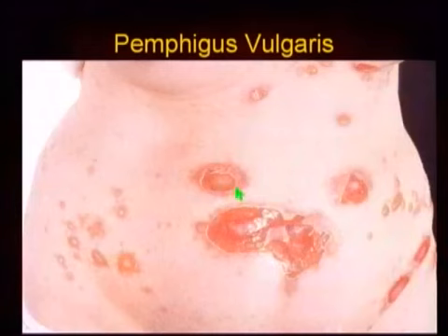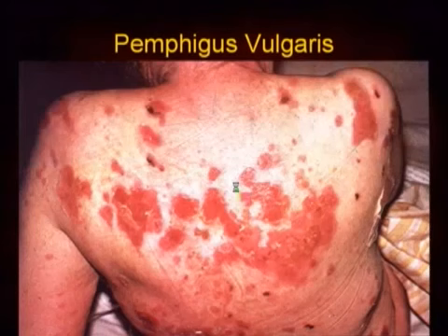Here's another example, again ruptured and flaccid bulla with some erosions underneath there. Here again, the main morbidity with this comes from infection. With a non-intact skin barrier, patients can develop a localized secondary infection or even become septic.